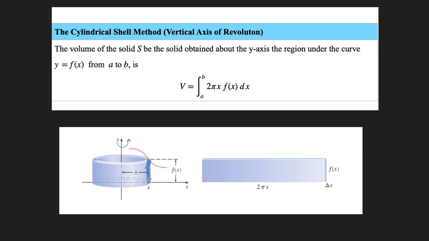One thing you notice here, this is the rotating axis, and this rectangle is parallel to it. In the previous two methods, the rectangle is perpendicular to the rotating axis. Rotating this rectangle, you're going to see a cylinder shape, but the cylinder is a little different. Here is the height, and this is the depth.